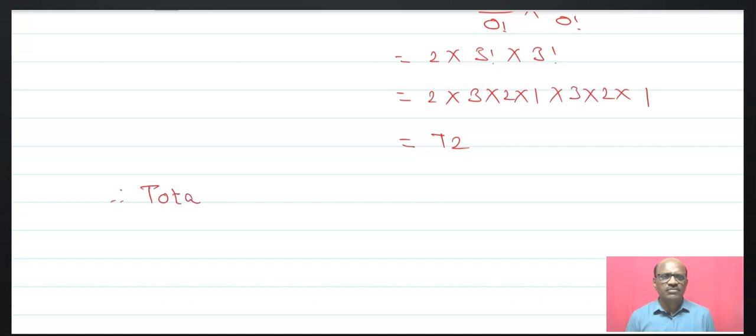If we perform the multiplication, it is 72 ways.